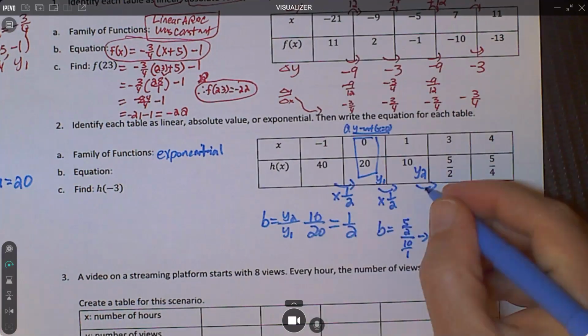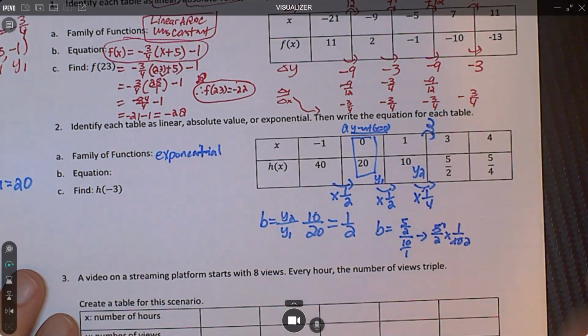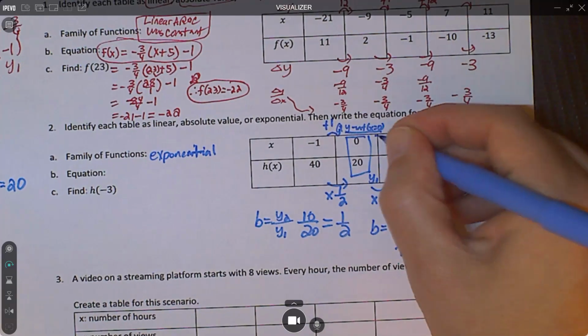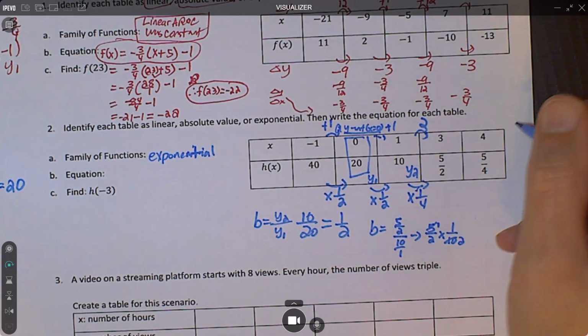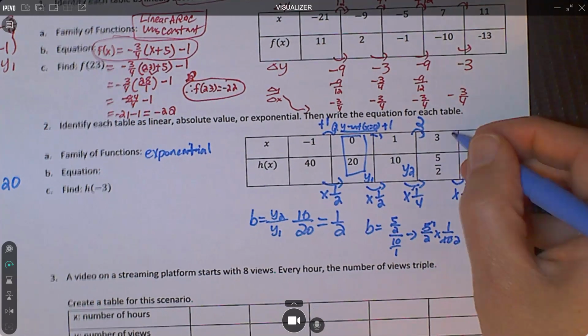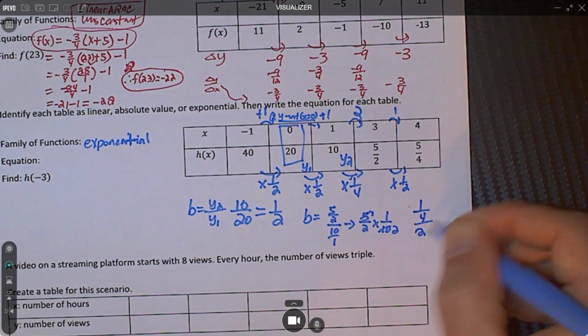So get 1/4. That's over 2. So all these were over 1. So we got 1/4 divided by 2.